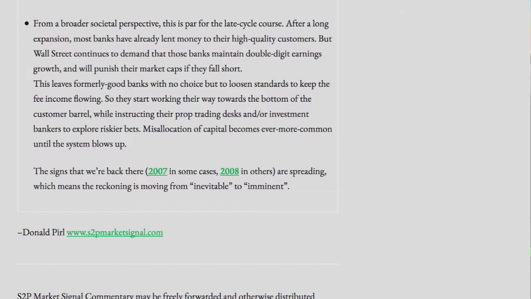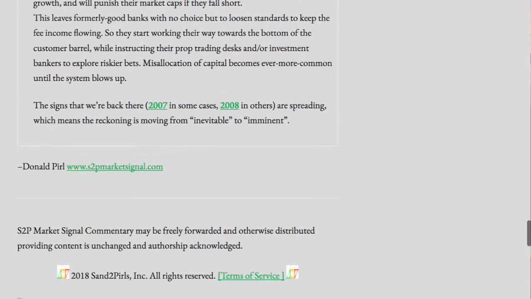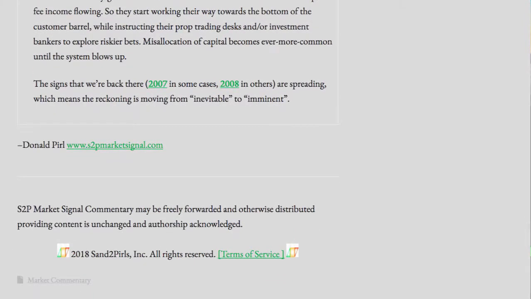So they start working their way toward the bottom of the customer barrel, while instructing their prop trading desks and/or investment bankers to explore riskier bets. Misallocation of capital becomes ever more common until the system blows up. The signs that we're back there, 2007 in some cases, 2008 in others, are spreading, which means the reckoning is moving from inevitable to imminent.